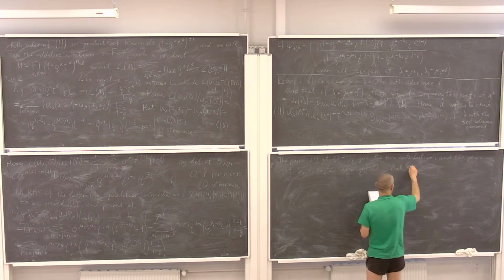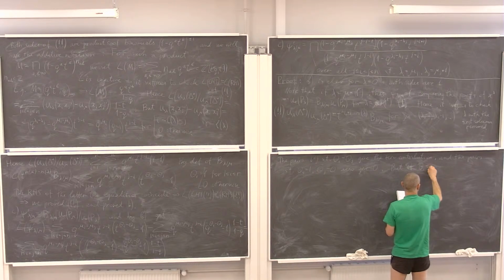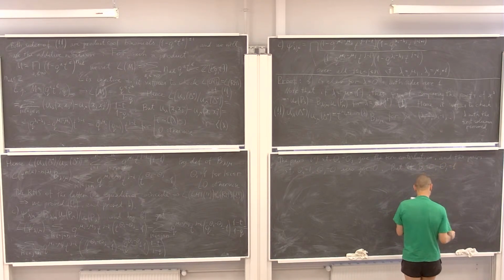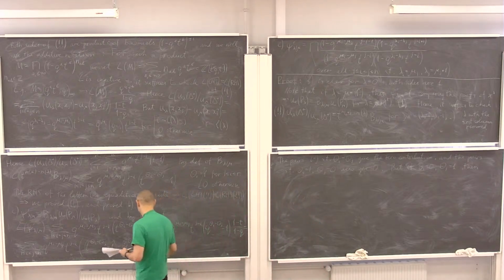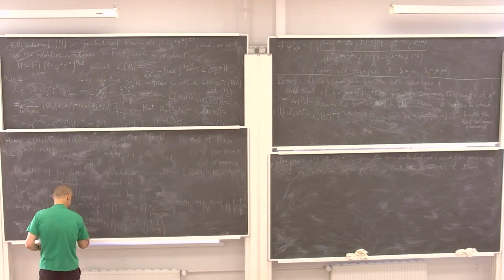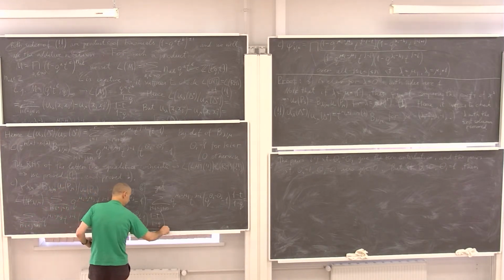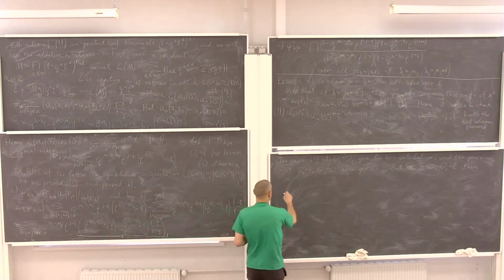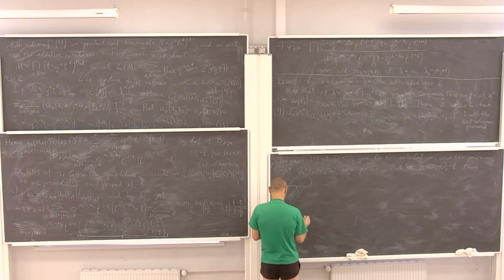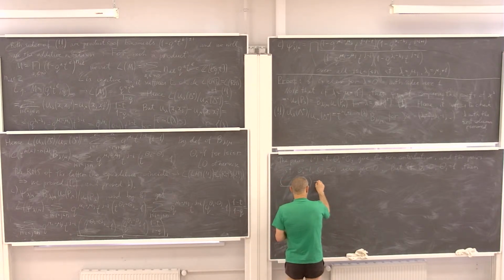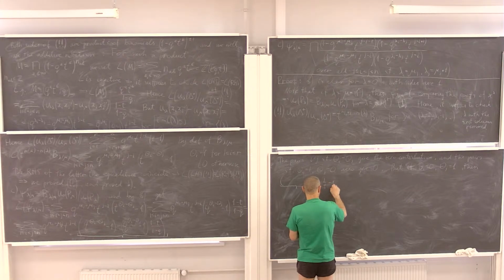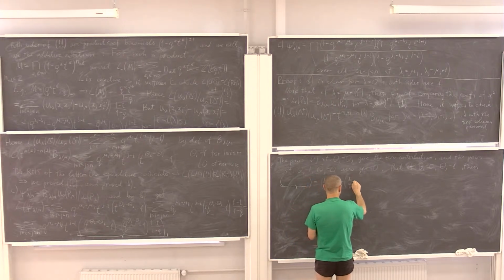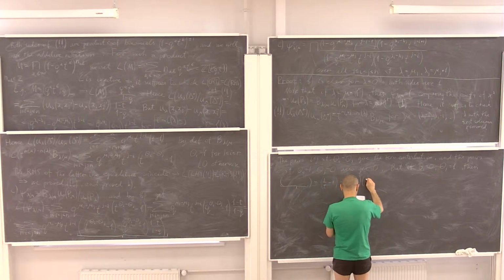But if theta i is 0 and theta j is 1, then this expression equals 1 over t minus 1 minus 1 over q minus 1 times 1 minus t over 1 minus q.